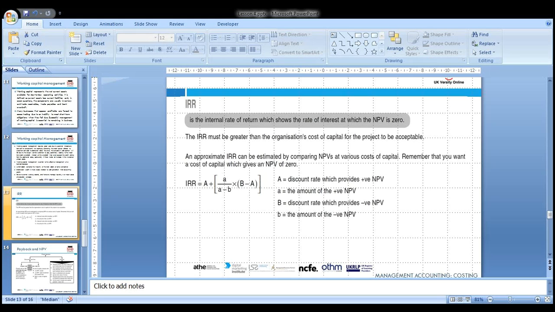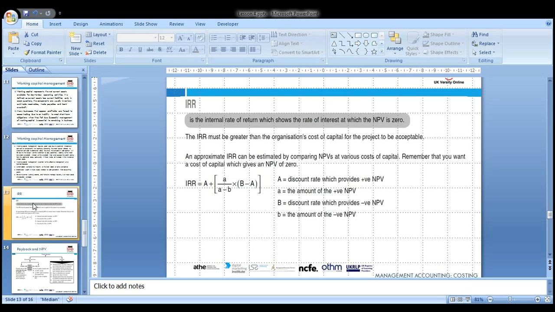IRR must be greater than the organization's cost of capital. It can be estimated by comparing NPV at various costs of capital. Remember that the cost of capital which gives an NPV of 0 is the IRR. So we can use this formula to calculate IRR.